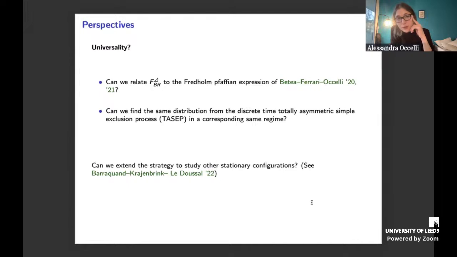There is a different family of stationary initial conditions that was obtained by Barraquand and Corwin for the half space log gamma polymer. And there is also the possibility of rewriting them in a geometric LPP setting. It would be interesting to see if these techniques could be extended also to that case.